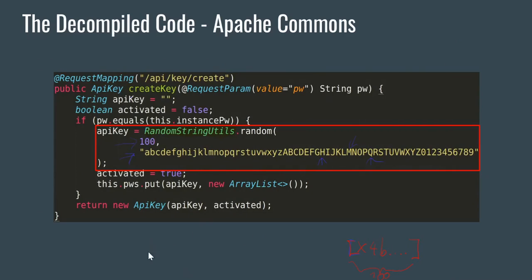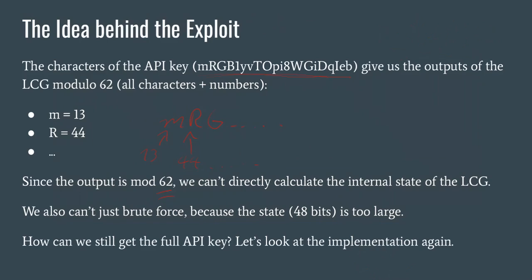So it gets 31 random bits, then it takes the modulo 62, and this output here is the offset at which it will take a character. So for this value, 31 random bits modulo 62, the first output was 13. We can see that in our API key that we received. It starts with an M, so 13.